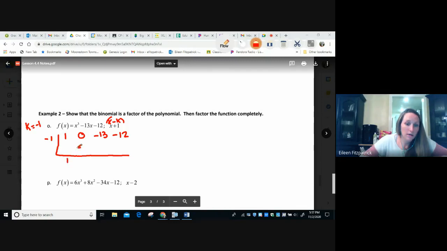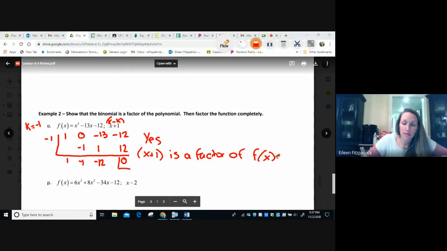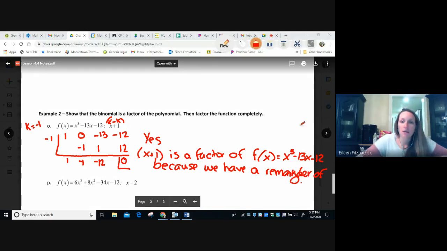Drop the 1, multiply to get -1, add to get -1, multiply to get +1, add to get -12, multiply to get +12, add to get 0. So yes, x plus 1 is a factor of f of x equals x cubed minus 13x minus 12, because we have a remainder of 0.